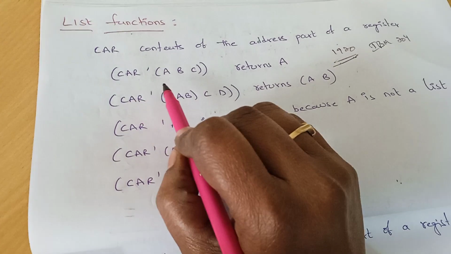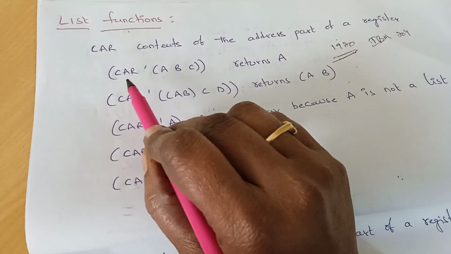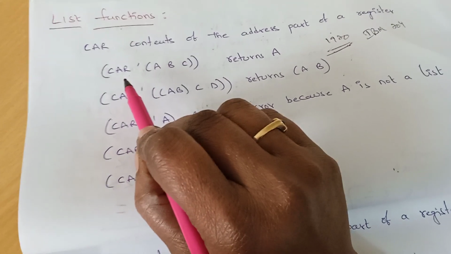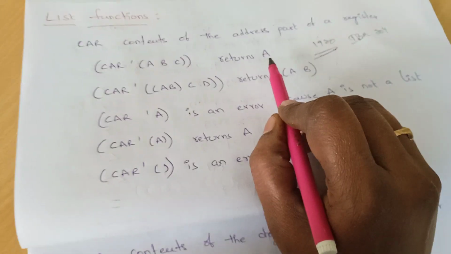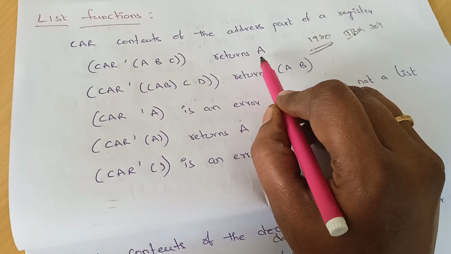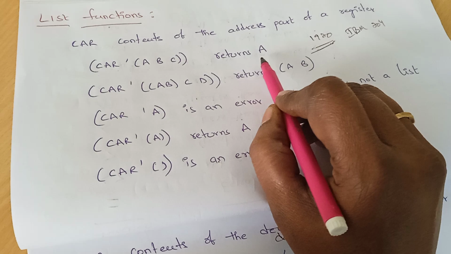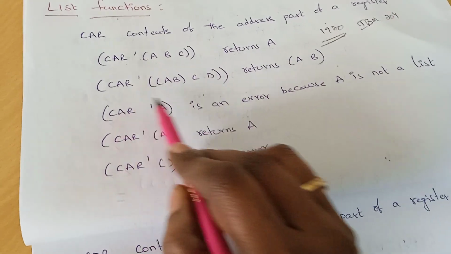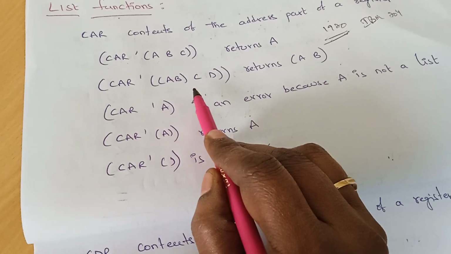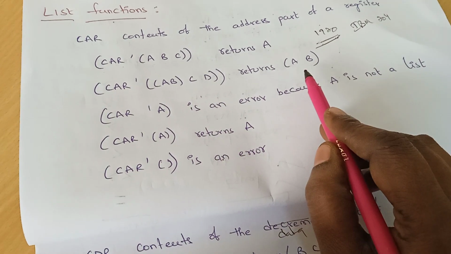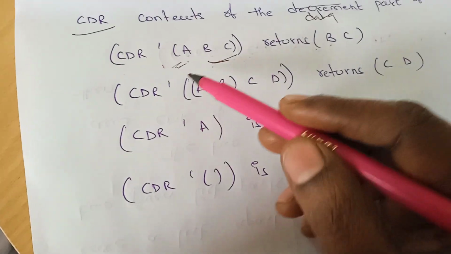When I pass one list to the CAR function, it returns only one part out. Am I clear? And CDR is also the same.